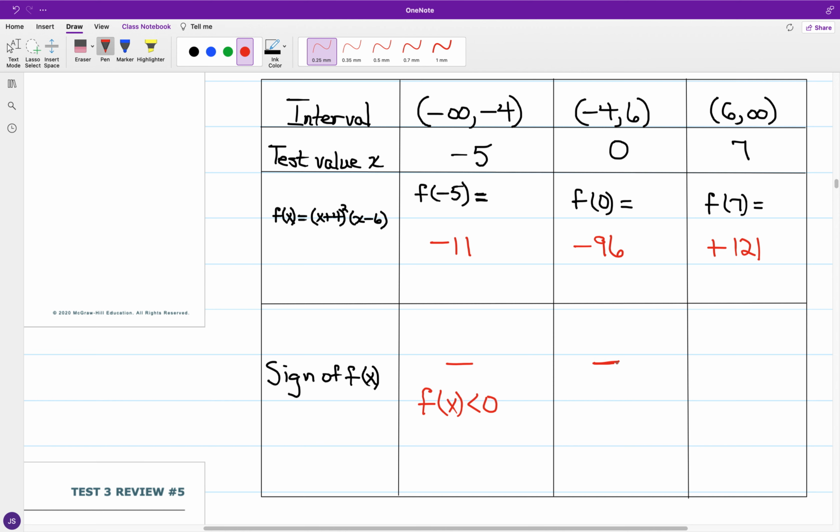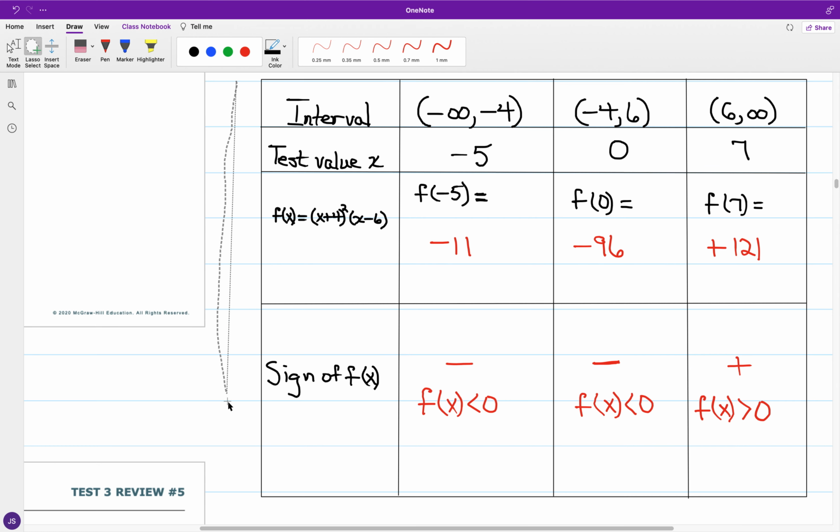Again, we have a negative output. Again, we have f of x less than 0, and anything put in for x that is greater than 6, the output is positive, whereupon we have that f of x is greater than 0.